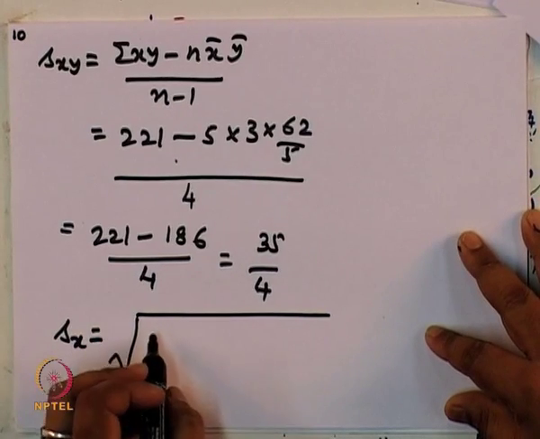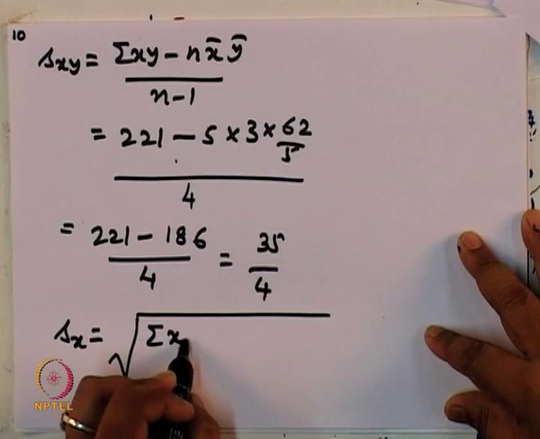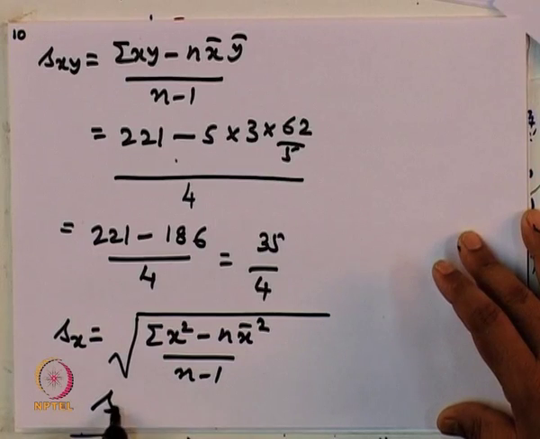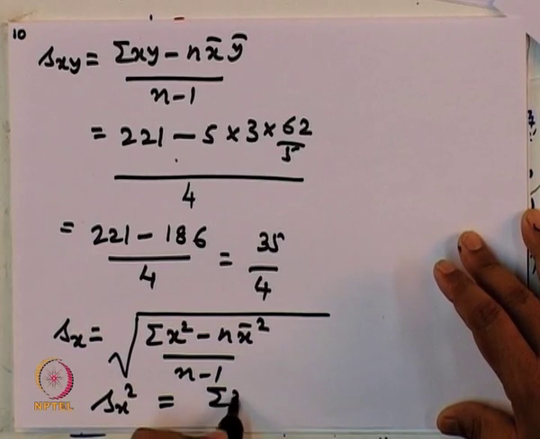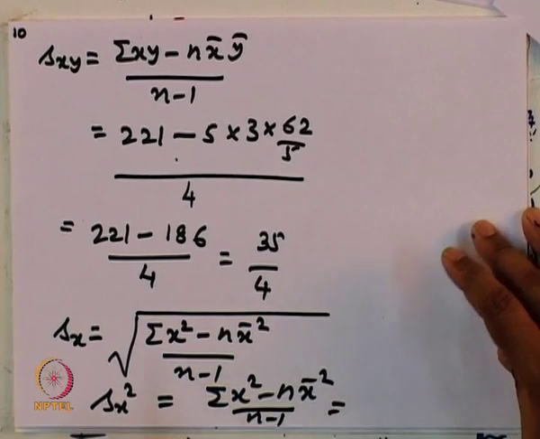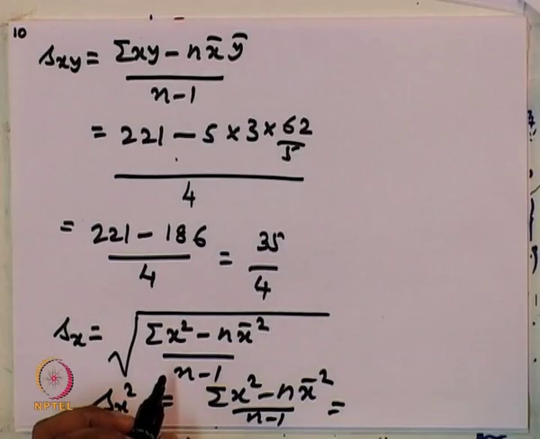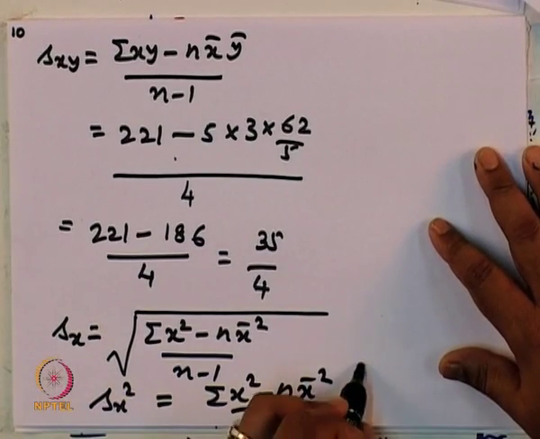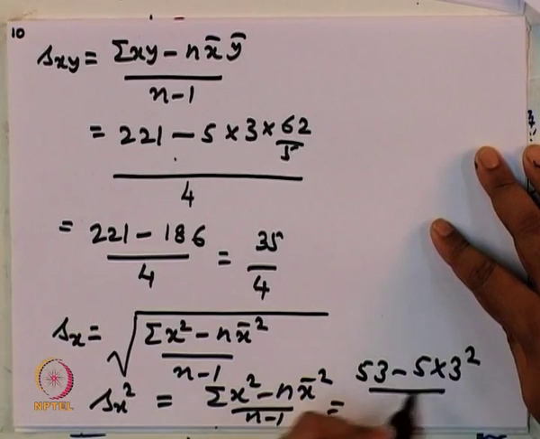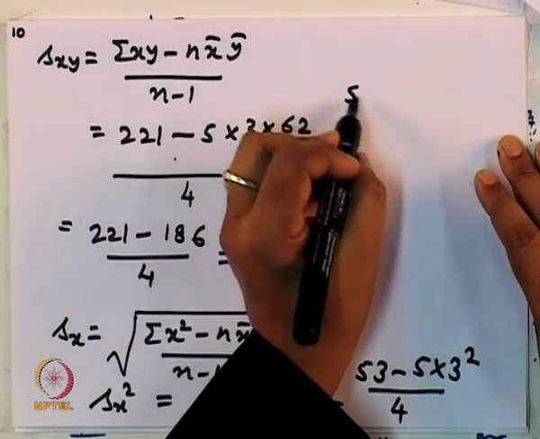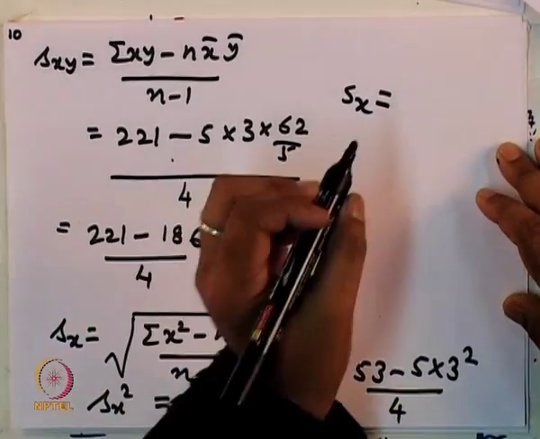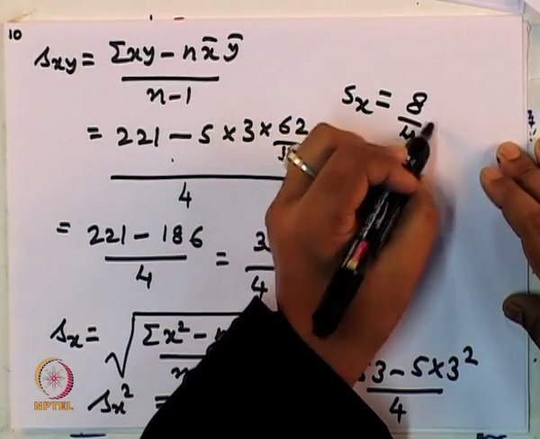And S x is equal to the square root of summation x square minus n x bar square, divided by n minus 1. So, S x square will be summation x square minus n x bar square by n minus 1. Summation x square we found out was 53 minus n is 5 into 3 square, by 4, which gives 8 by 4, equal to 2.